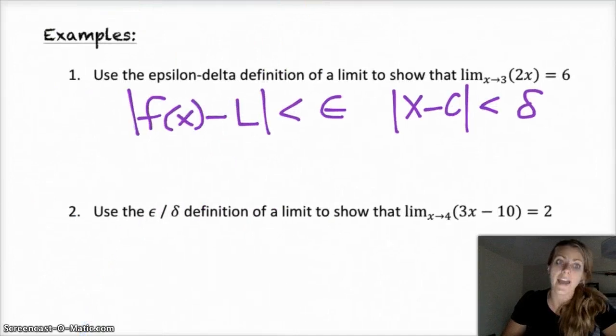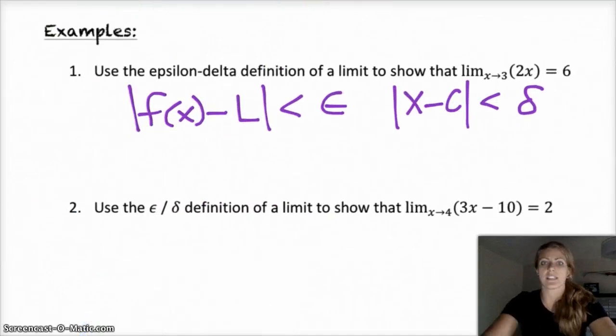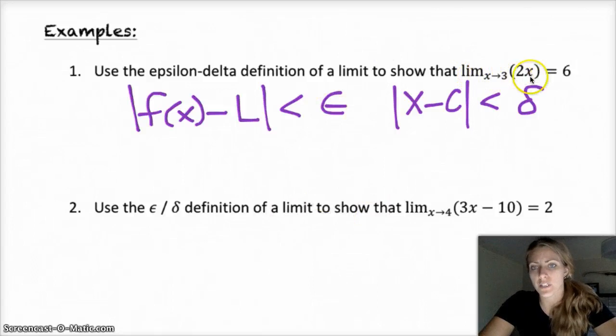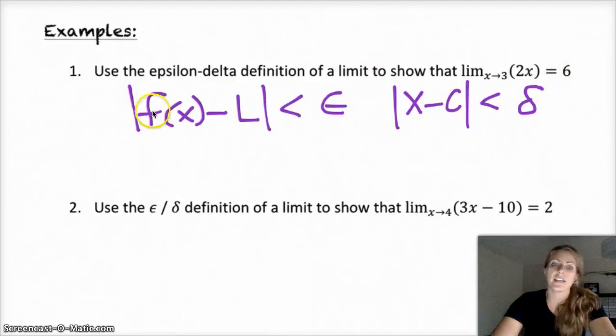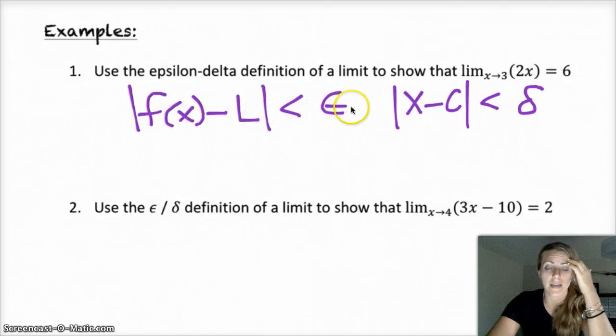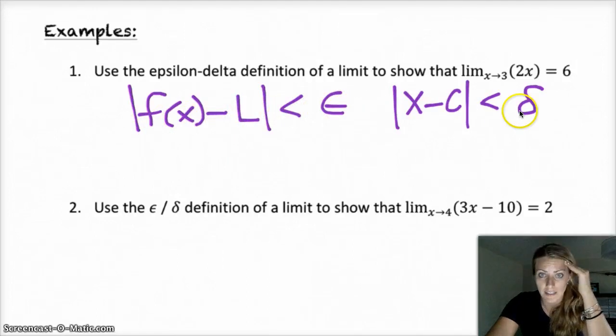Okay, so as an example for the epsilon delta definition, say we have the limit as x approaches 3 of 2x, and we want to prove that it equals 6. So basically if the absolute value of f of x minus L is less than epsilon, then I need a delta so that x minus c is less than that delta.